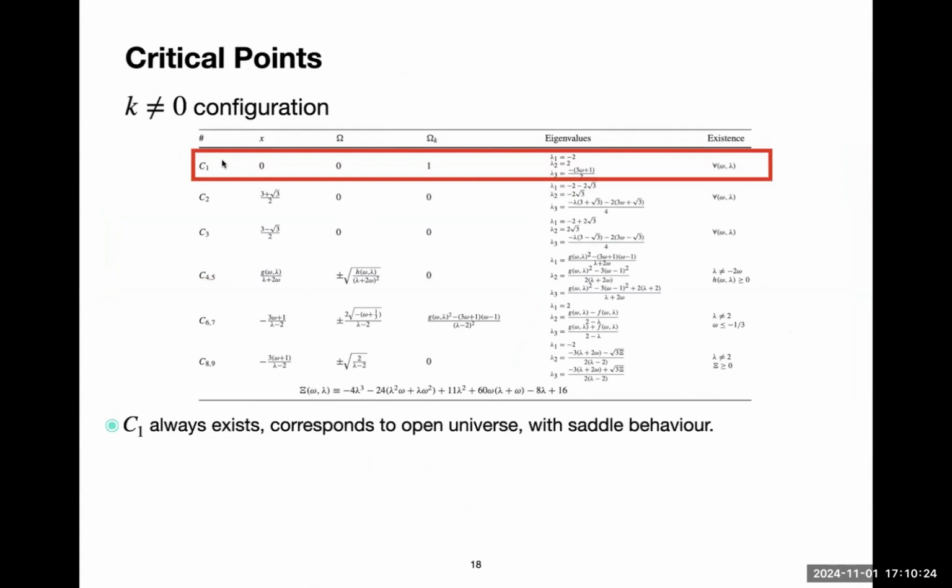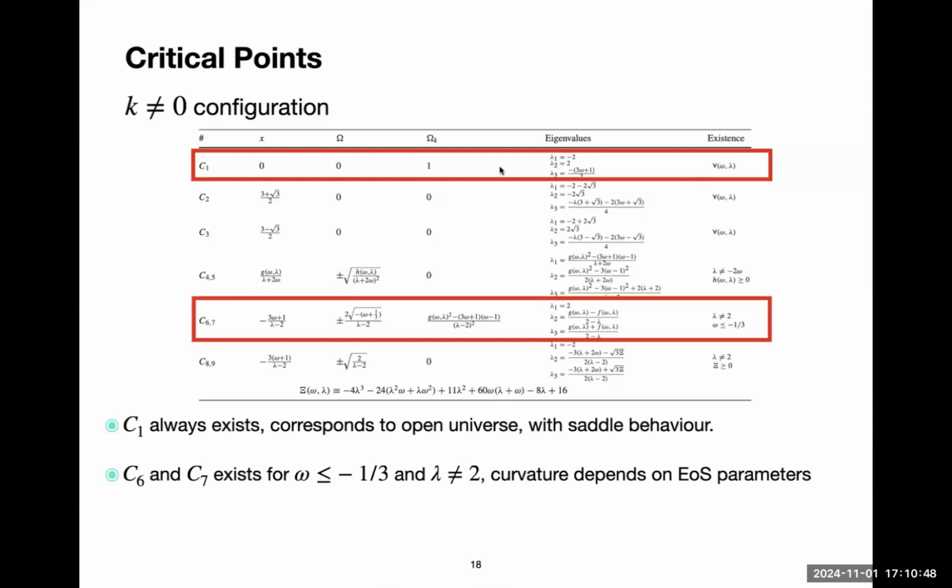So for the C1 point, we see it always exists, doesn't depend on the equation of state parameters, and shows saddle point behavior. That means that at some point in the evolution, the trajectories will arrive at that critical point, and then move on. It's not an attractor point.